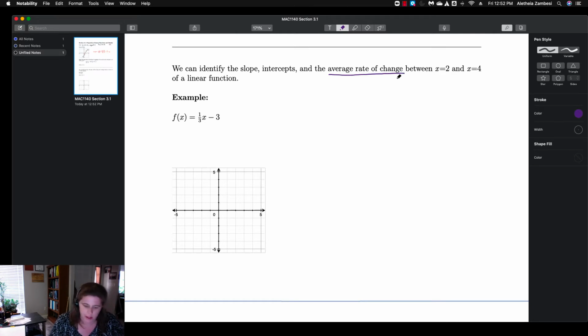Now we can identify the slope, intercepts, and the average rate of change between two x points using a linear function. So when we look at the line, f(x) = mx plus b. The slope itself is in the equation of the line. So here our slope is equal to 1/3.